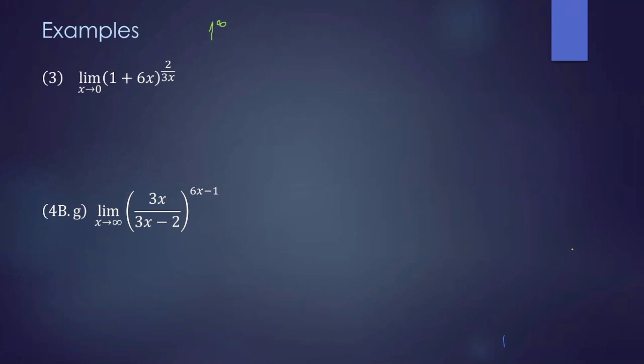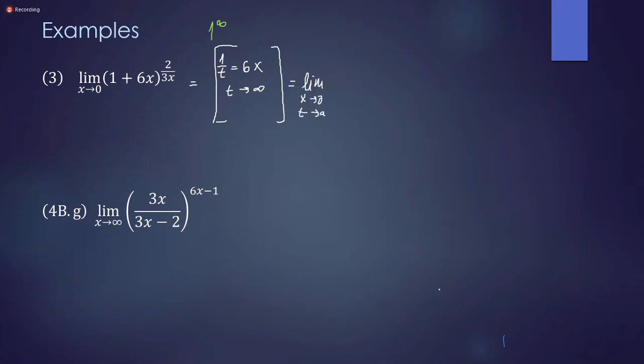We do exactly the same thing. We would say this. So let's say 1 over t is what we want. Okay, let's denote 6x by 1 over t. And then if x tends to 0, this means t must tend to infinity. And so we would have limit x tends to 0, but at the same time t tends to infinity. Nothing wrong with writing down two variables.